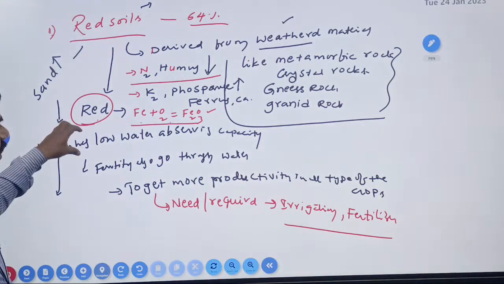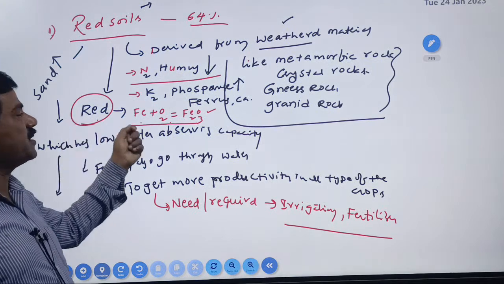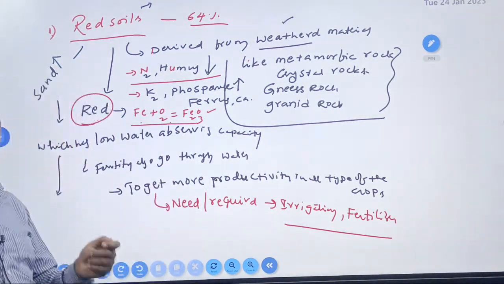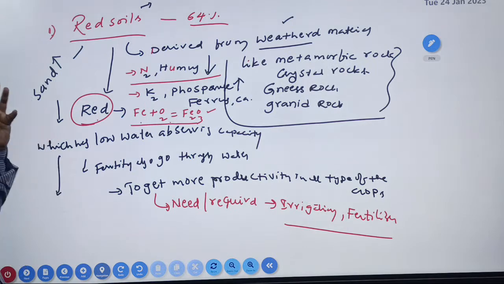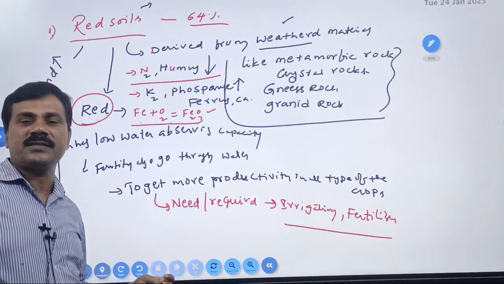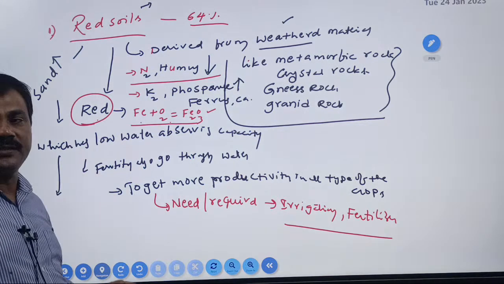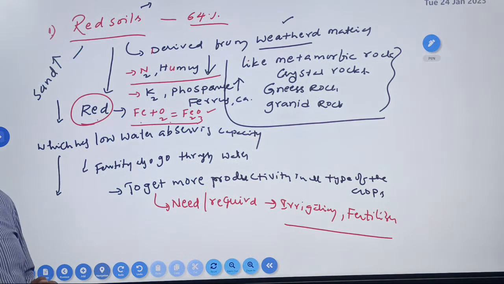Ferrous decides the color and its thickness. As the ferrous content increases, the thickness of the color also increases.